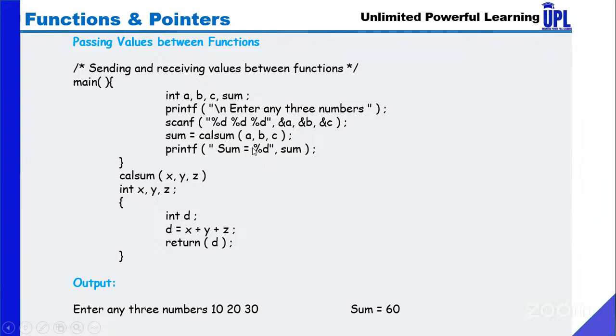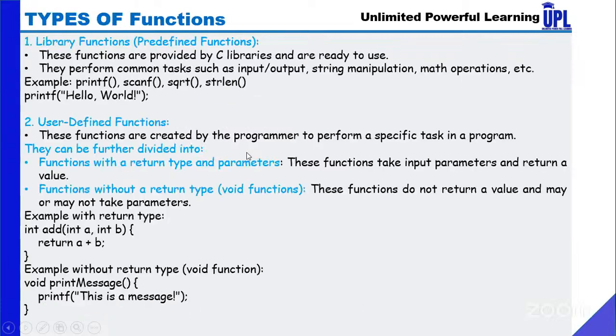We have seen that. Dummy functions we can also call, and parameters we can also pass, so we have done this. If you look at printf, scanf, square root, all these are predefined functions. That means they are already in the C compiler.